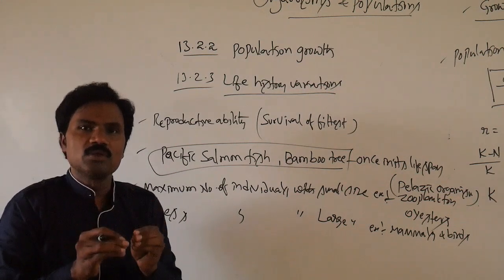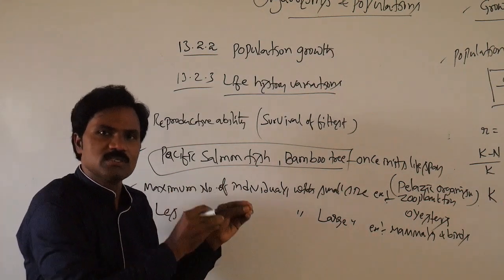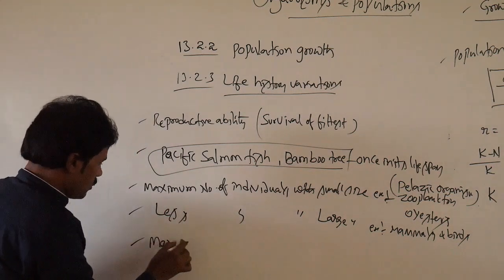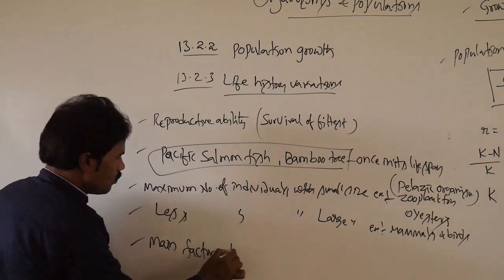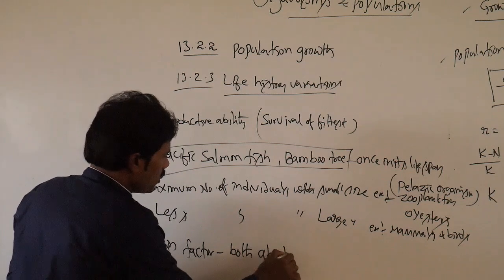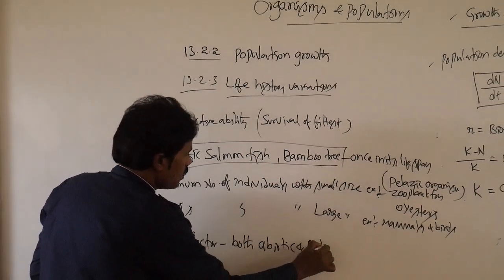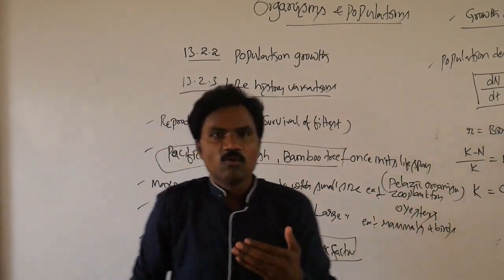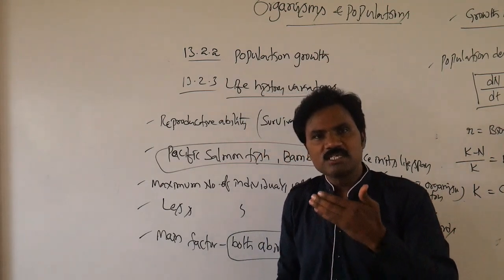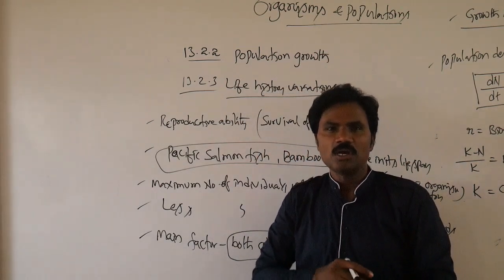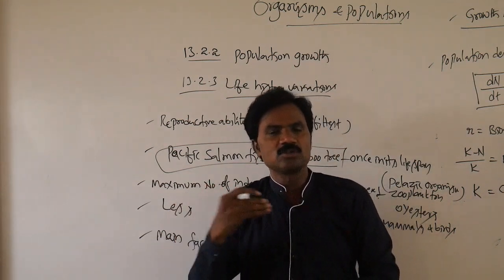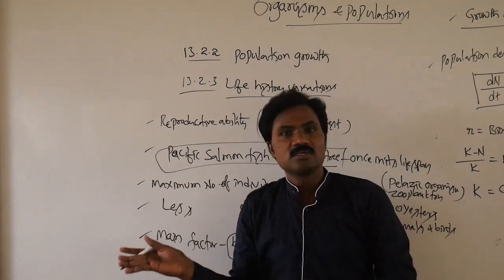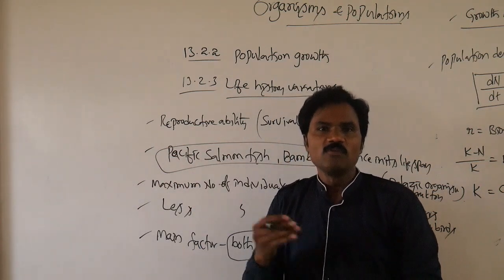What is the main reason for the specific individuals? The main factors are both abiotic and biotic factors. Whether an organism lives for a maximum or less period of time, whether it has maximum survivability, for example human beings have more survivability than the remaining organisms, or some invertebrates or reptiles vary a little in their lifespan.